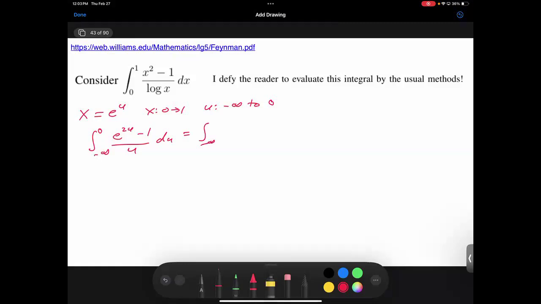I will keep the minus infinity to 0, even though it kind of bothers me, but that's not too bad. Any thoughts about what we should do next? Don't worry about whether or not it's legal. Are we worried about this integral being finite?